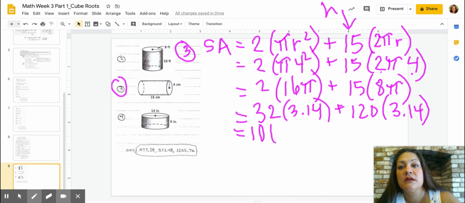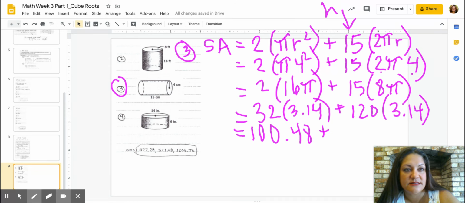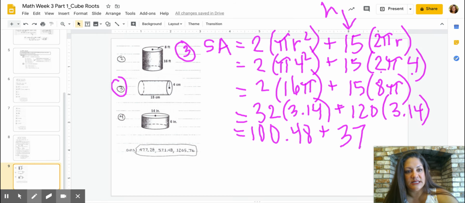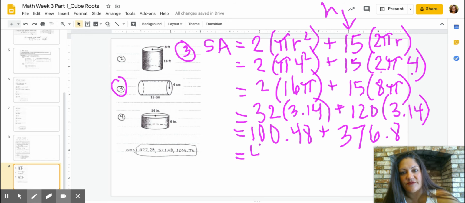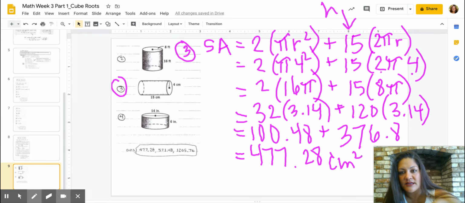Plus 376.8. Add those together. And we have a surface area of 477.28 centimeters squared. And here's our answer there.